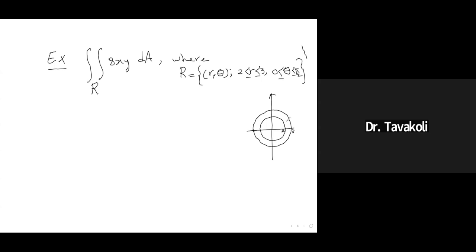And the angle is from 0 to pi over 2. So the region we are integrating over, as you can easily see, is this region. The angle is between 0 and pi over 2, and the distance from the origin is from 2 to 3.